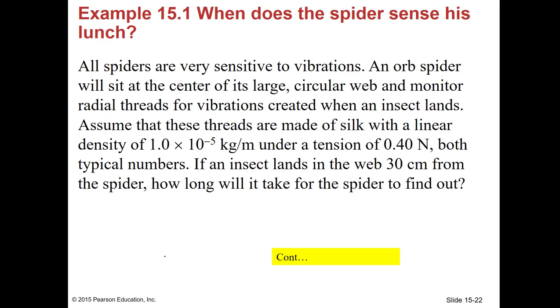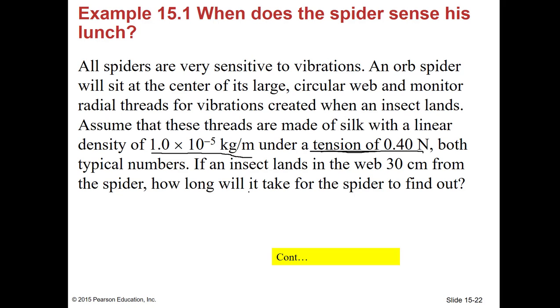Assume that the threads are made of silk with a linear density, this is mu here, 1 times 10 to the minus 5th kilograms per meter, and a tension, good, there's the tension given to us in the problem. Both typical numbers. If an insect lands in the web 30 centimeters from the spider, how long does it take the spider to find out?